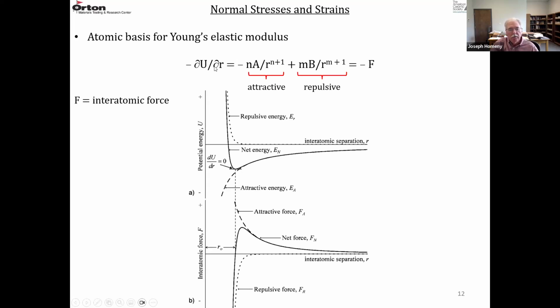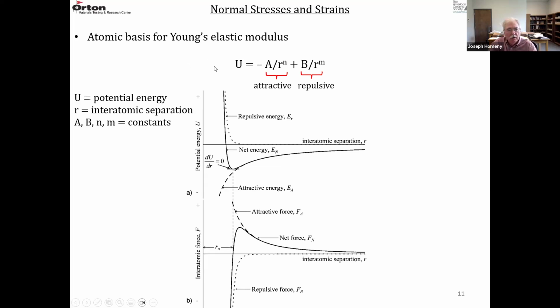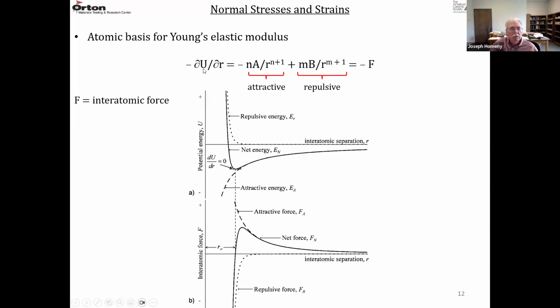So if we take the derivative of this equation, so dU dR, that equals the interatomic force F. So the attractive term now becomes N times A divided by R to the N plus 1 plus M times B divided by R to the M plus 1. So the force is plotted here on the bottom curve versus interatomic separation R. So the dotted line is the repulsive term, and then this dotted line is the attractive term.